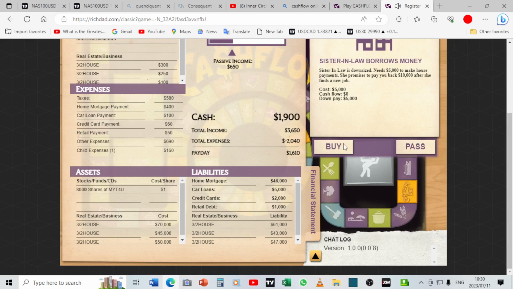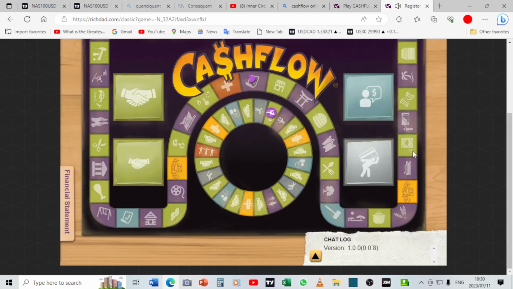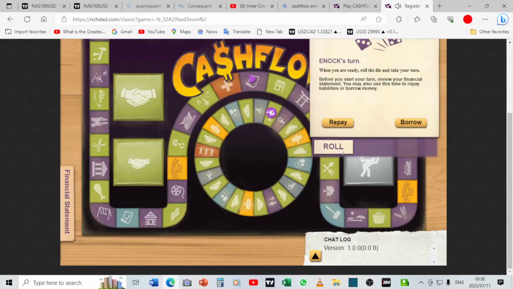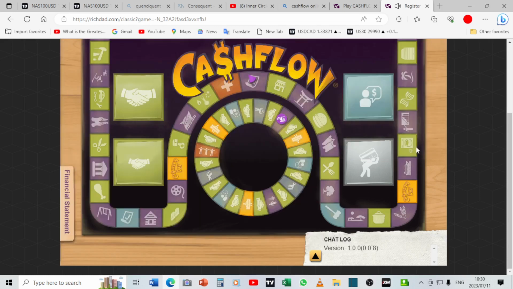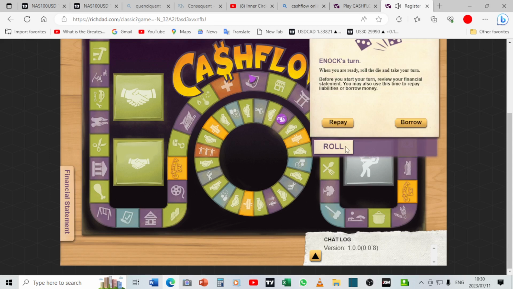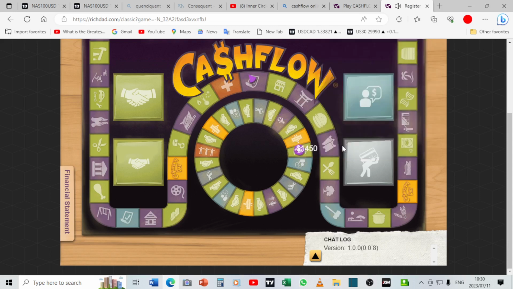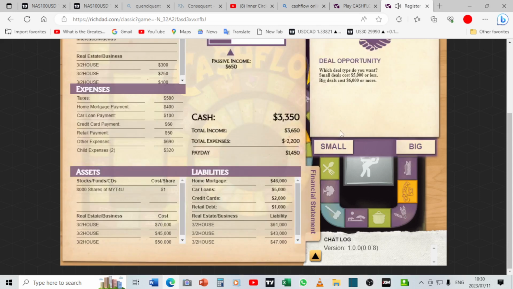Small deal. Where are we selling? Another child, 150. But remember, if you look at my statement, I covered that with the assets that I gave. I covered that maintenance.